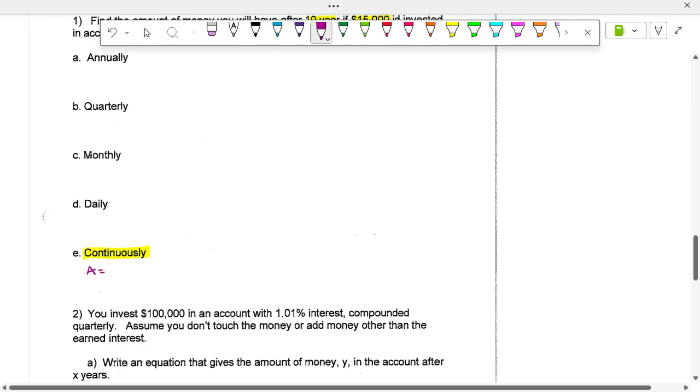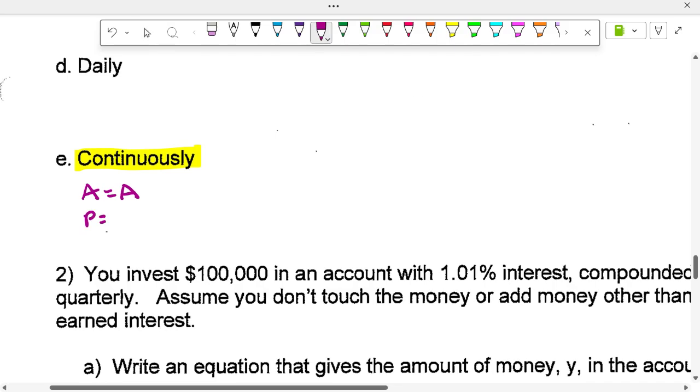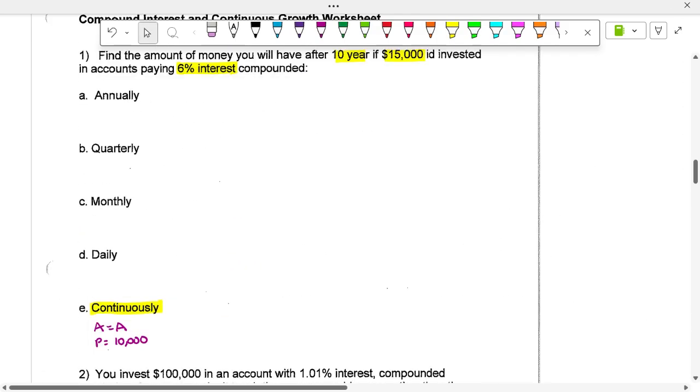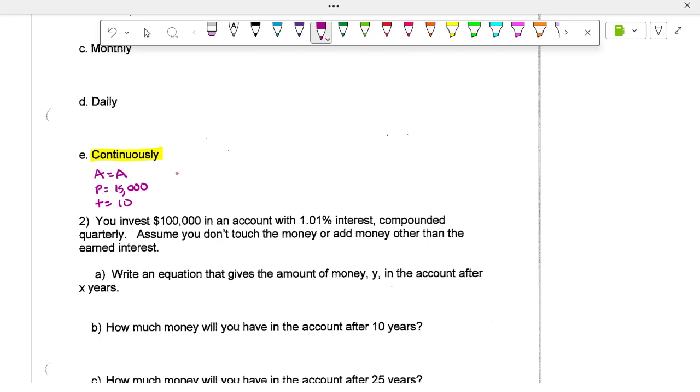So A is still A. P is going to be equal to 10,000. Is it 10,000? No, it's 15,000. I lied. T is going to be equal to 10. R is equal to 6%, which is 0.06.